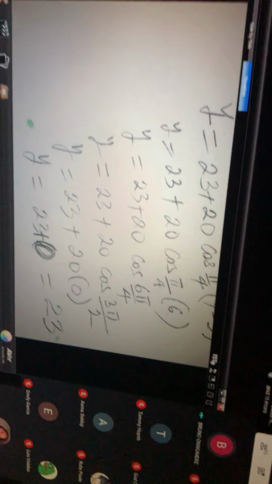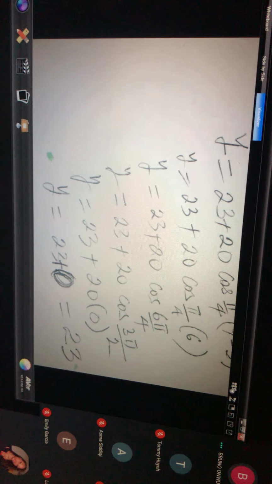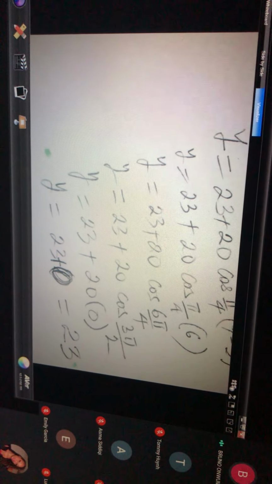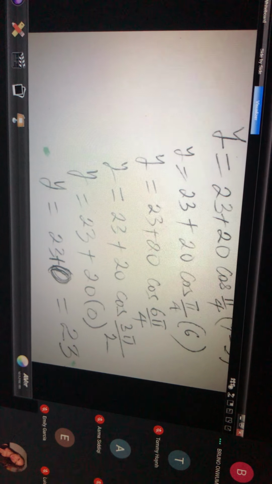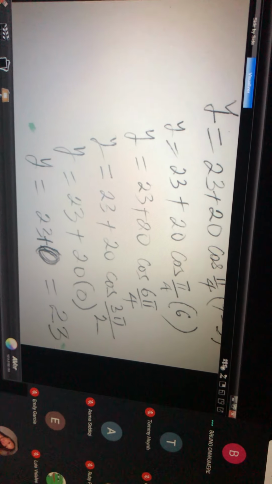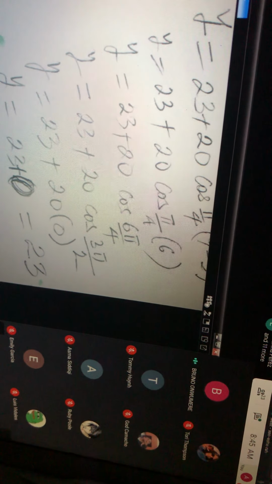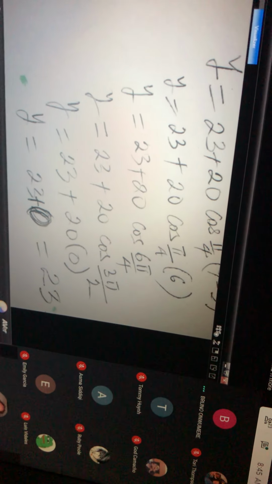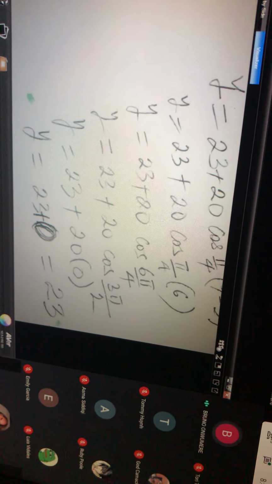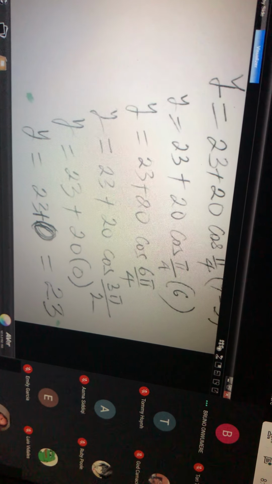This is a very important lesson, applications of sinusoid, real life application. All right, I'm going to take a look at the next question, the steamboat. Everybody's gonna do that. I'm gonna put it in Schoology.